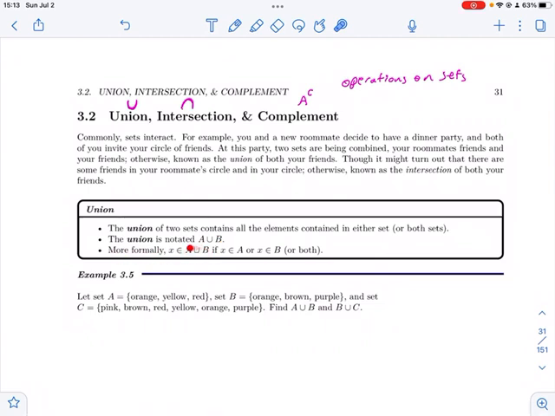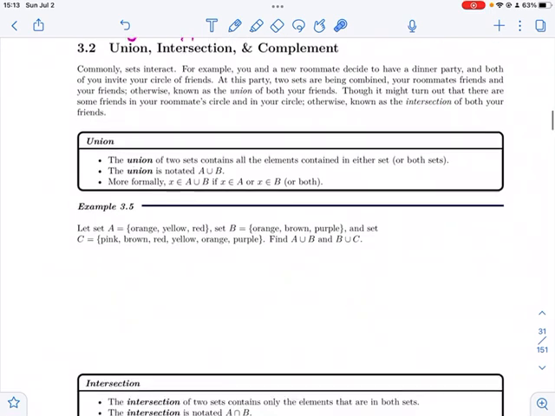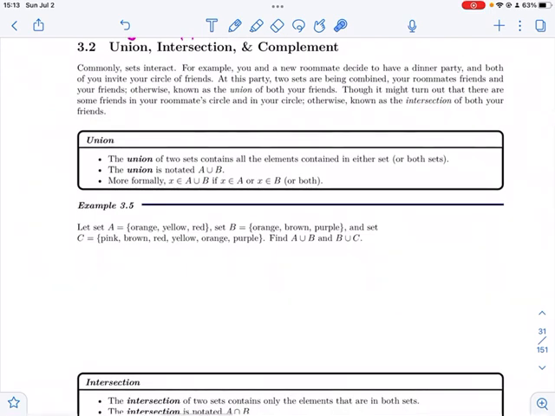Here in this example, we have sets A and B. A consists of the colors orange, yellow, red, and B consists of the colors orange, brown, and purple. And set C consists of the colors pink, brown, red, yellow, orange, purple.